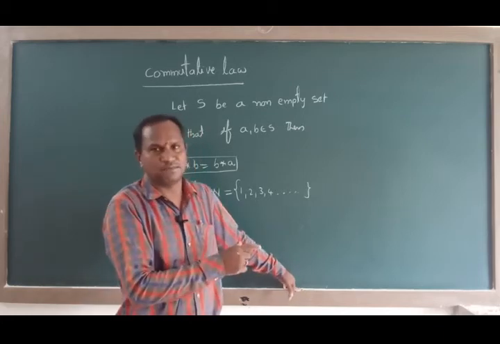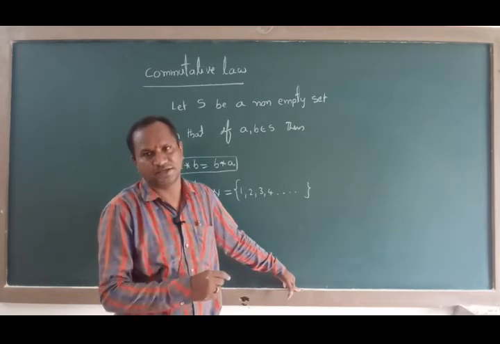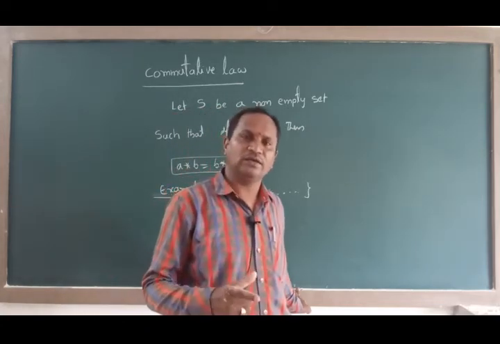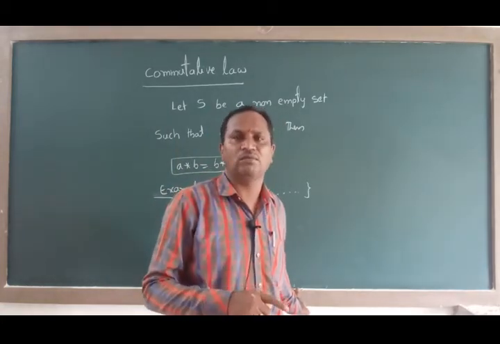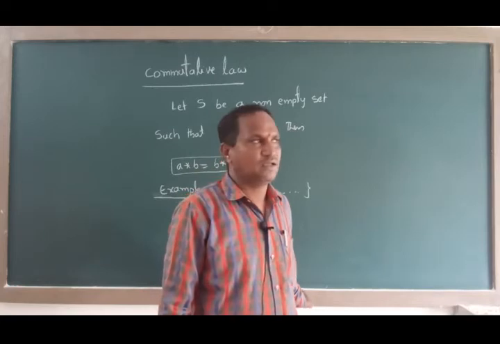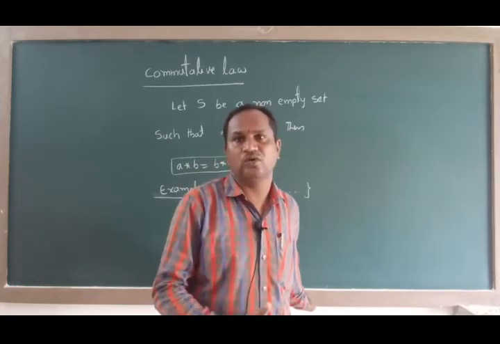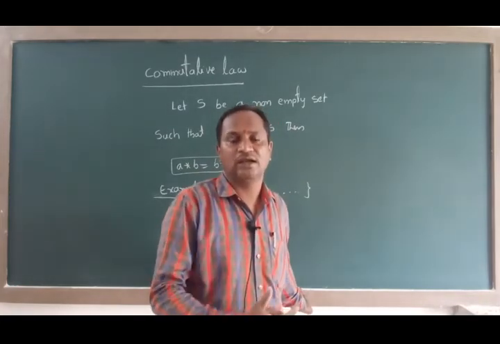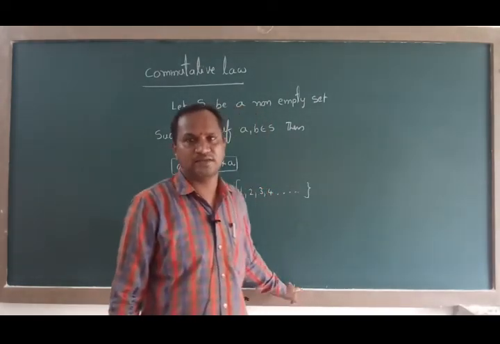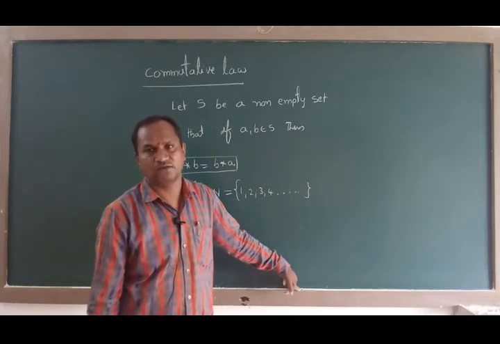I am giving examples on addition and multiplication because in these two operations they form all the commutative laws, associative laws, and I even showed how to find the identity element and the inverse element. Now let us discuss the commutative law.